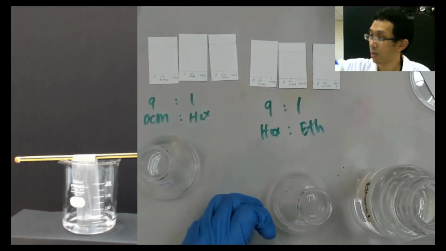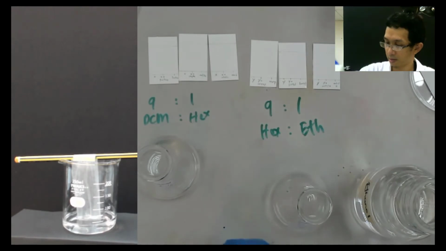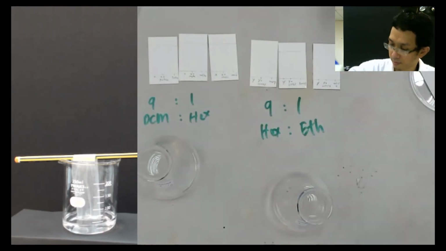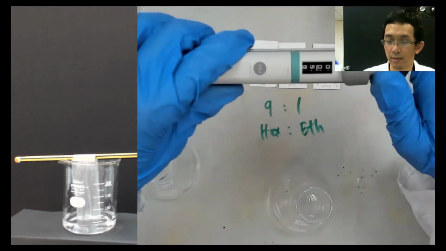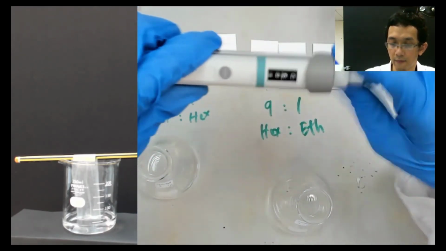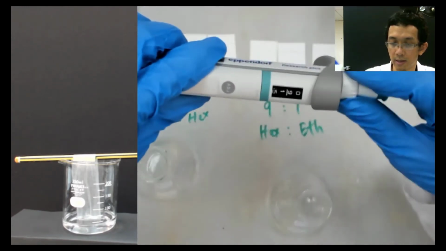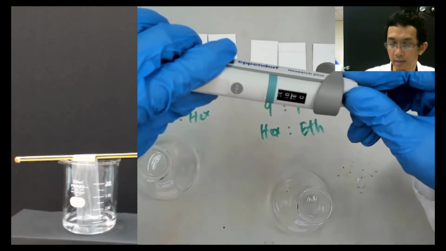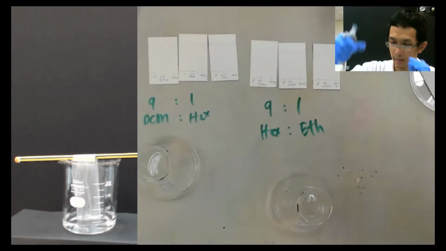And then we are done with that. So now we want 9 hexane. So just go to 9. 4, 5, 6, 7, 8, 9. Okay, 9.